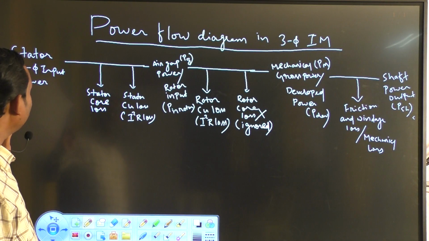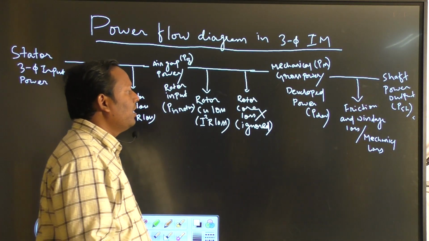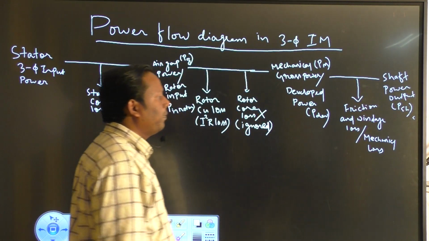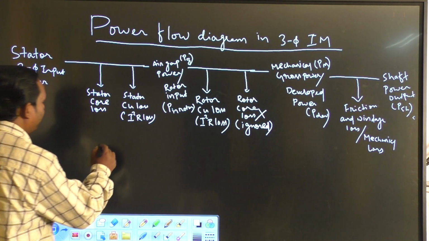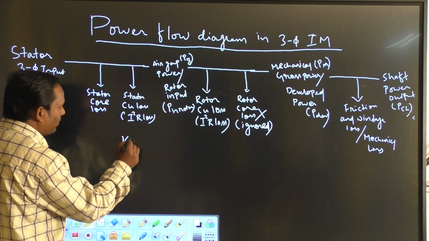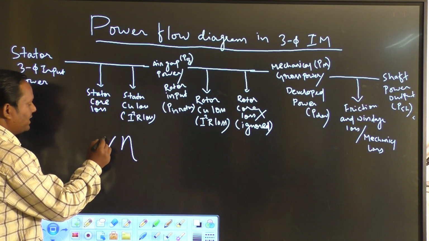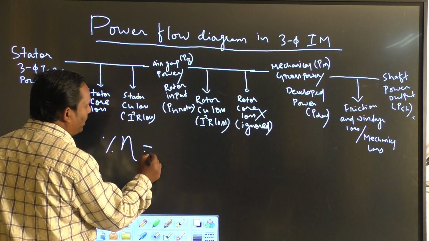Here the input is the stator three-phase input, but the output is the shaft power, which we get at the rotor output. If we define the percentage efficiency of the motor, it is output divided by input.